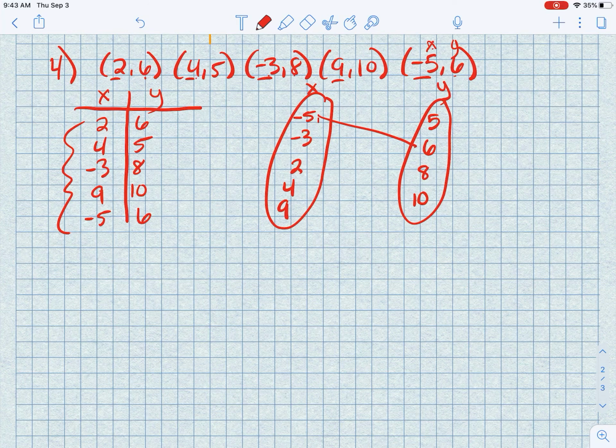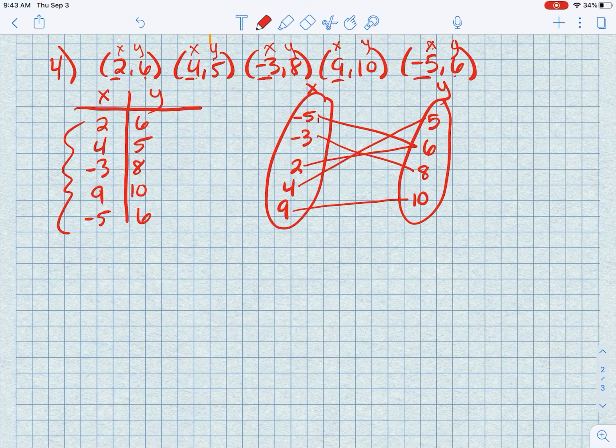Okay? -3. When my x is -3, my y is 8. 2. When my x is 2, my y is 6. 4. When my x is 4, my y is 5. And when my x is 9, my y is 10.